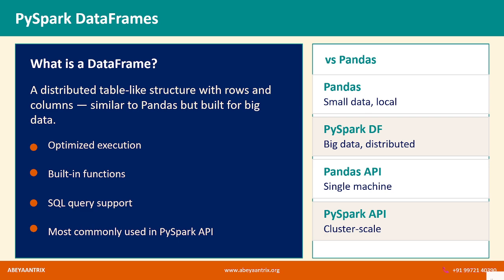The pandas API runs on only a single machine, while the PySpark API data frames run in a cluster-scale or distributed environment. So these are the differences between the data frames you were using with pandas and the ones you are now using with PySpark.